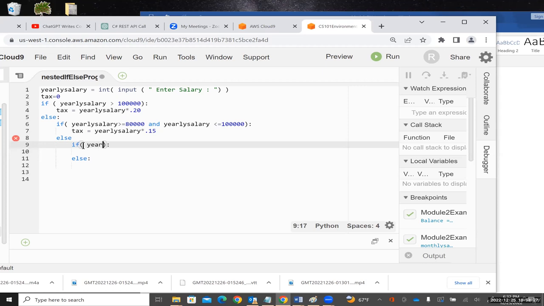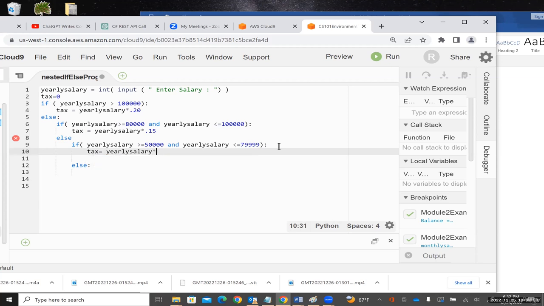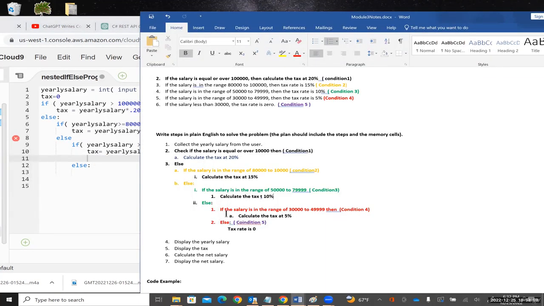So you say yearly salary is greater than or equal to 50,000, and yearly salary less than or equal to 79,999. If that is the case, then tax equals yearly salary times 10%. So we have taken care of this much so far.